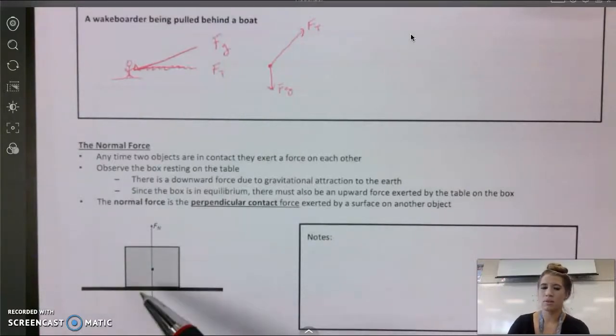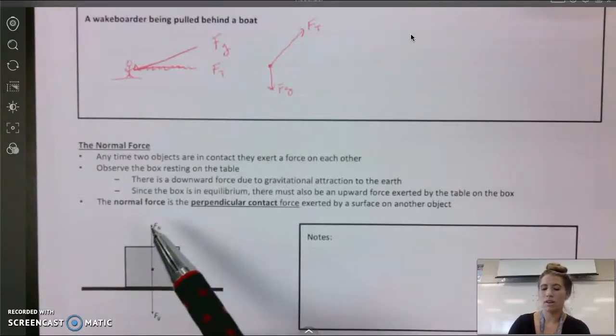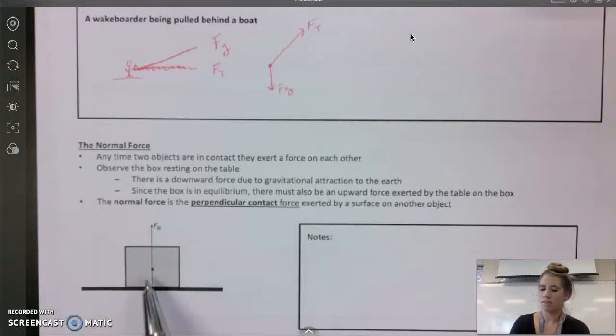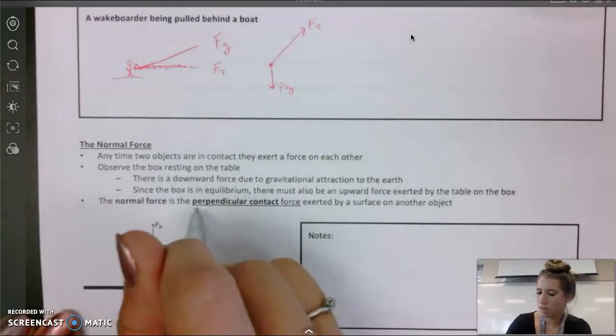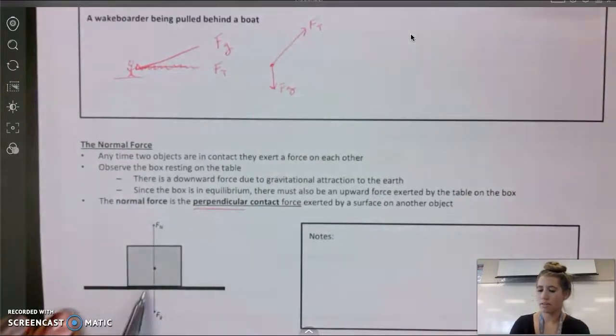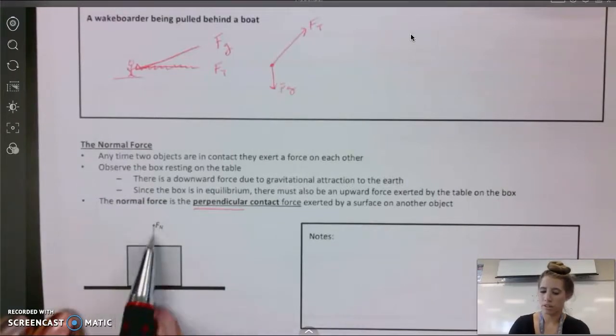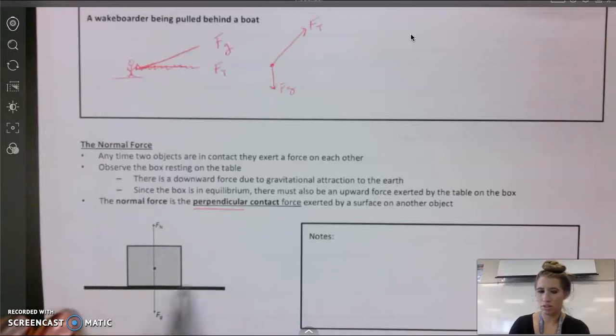We must have an equal and opposite force, and that force is the table pushing back up on the box, and so we call that the normal force. This is a perpendicular contact force because it's perpendicular to the surface that's pushing back.